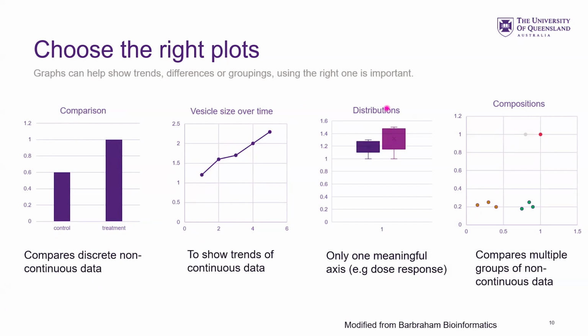If there are distributions of things, you might want to use a box and whisker plot or violin plots, which are common now, or dot plots like that. And then there are these composite graphs where you might have something like spatial transformation, and you need to represent different colors and groupings and things like that.